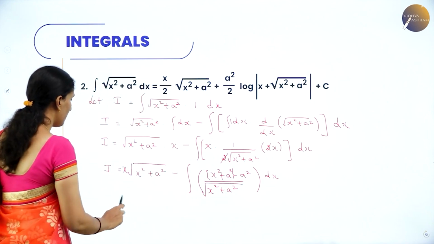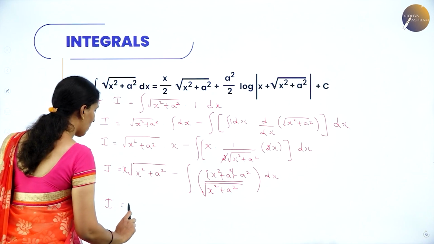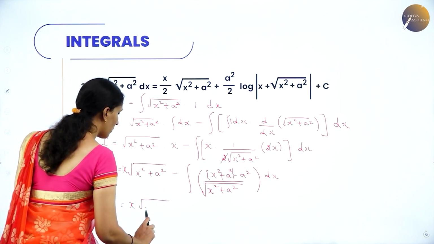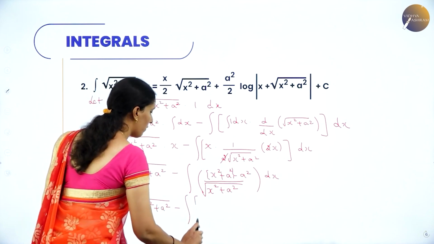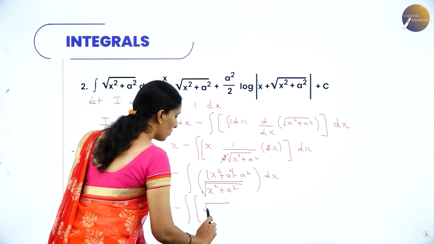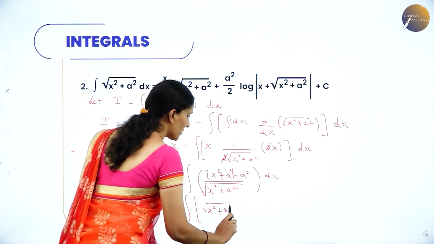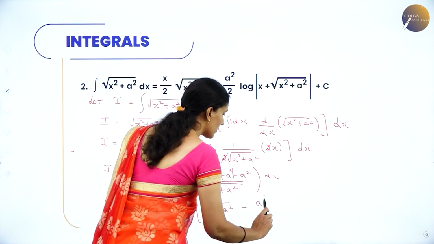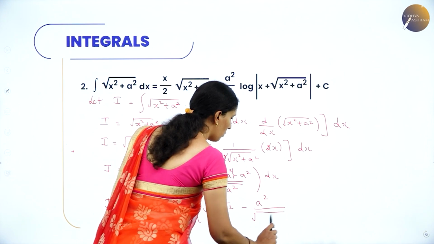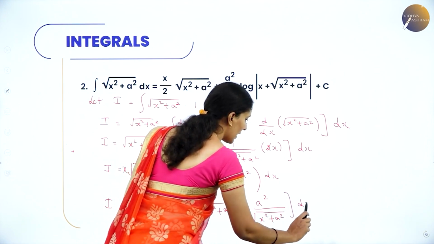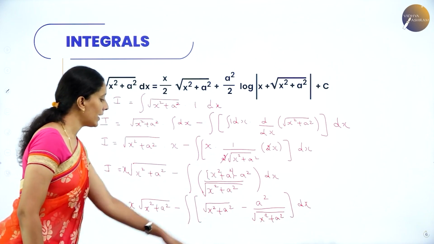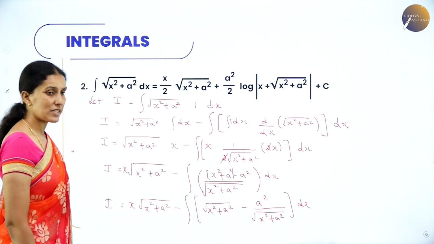Again applying the same, we will get I is equal to x into root of x square plus a square minus integral of root of x square plus a square minus a square divided by root of x square plus a square with respect to x. Now apply the integral to the function separately.